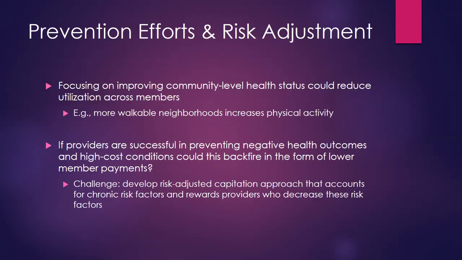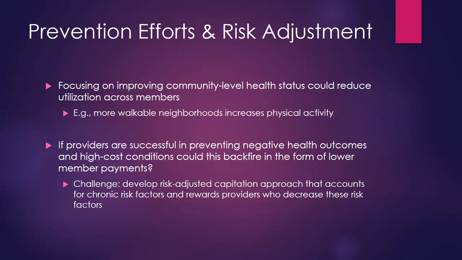For example, this is a very broad intervention and may not be feasible for many healthcare systems, but if we made neighborhoods more walkable, we know that that might increase physical activity, which in turn could reduce all kinds of chronic diseases and might thereby make our patients need fewer resources, have lower healthcare utilization. And that's what we want to do. Ultimately, we want to improve population level health.